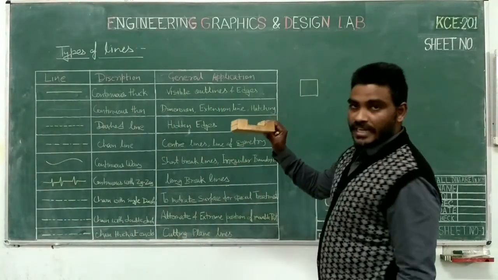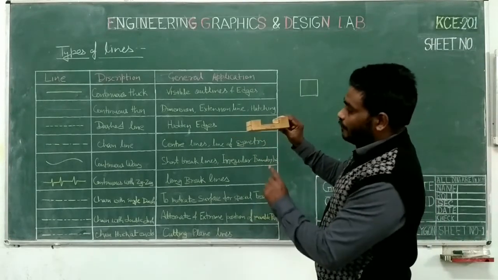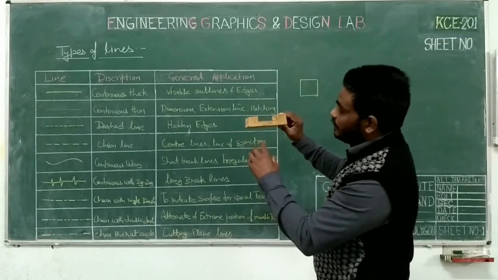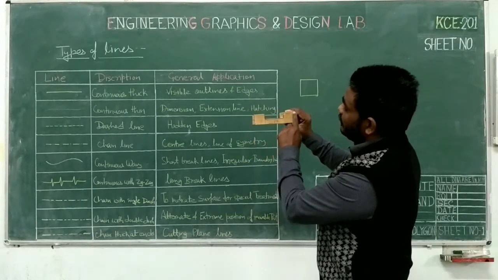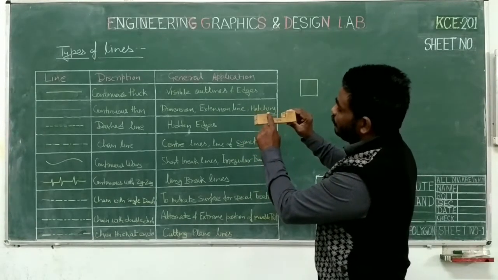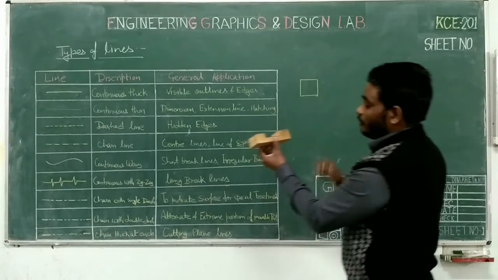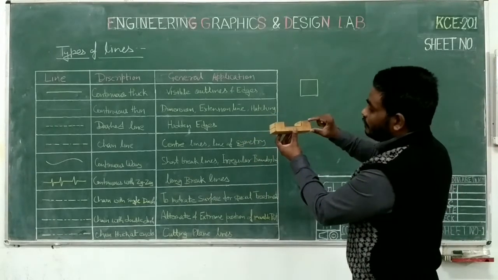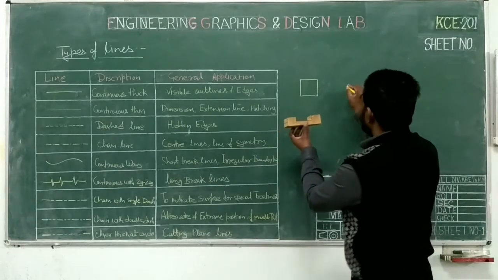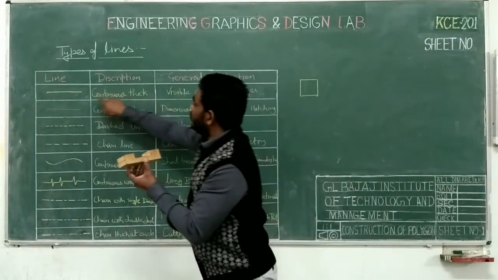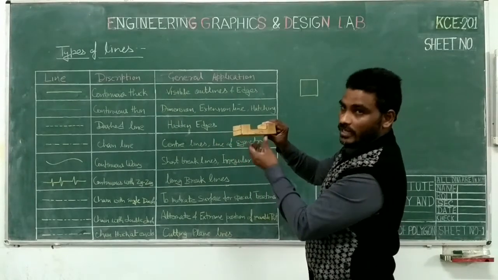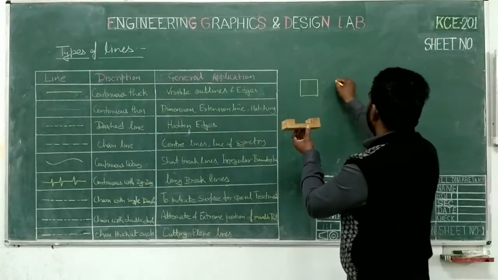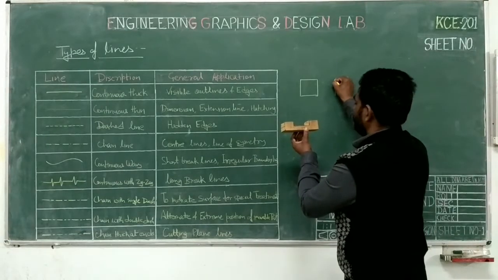Let us take another example. Suppose this is an object, and if we are seeing it from the front, we can see these outer edges. They are very clearly visible to us. So when we draw this object, we will use the continuous thick line, as it is clearly visible to us.